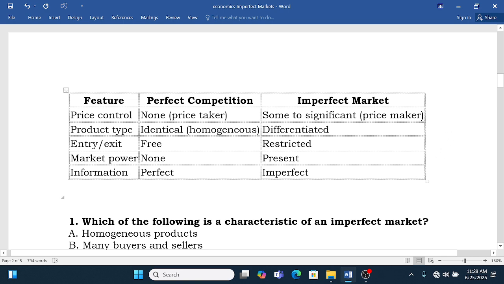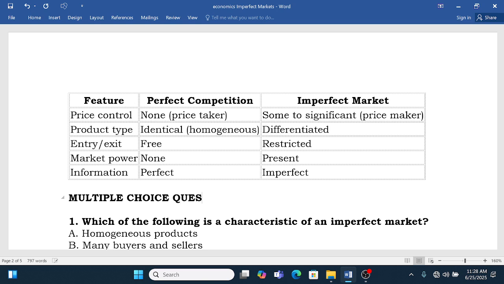So let's start with the multiple choice questions.